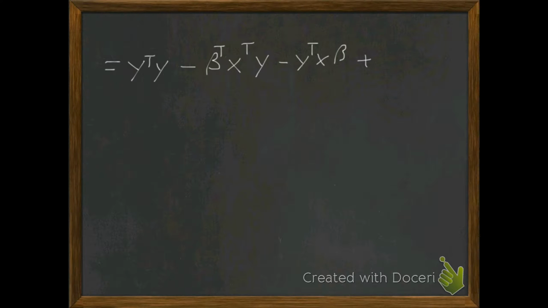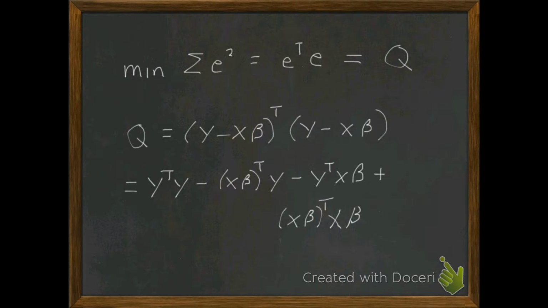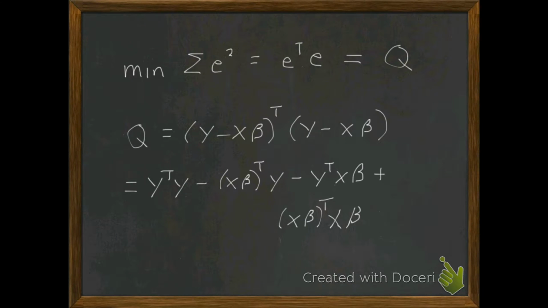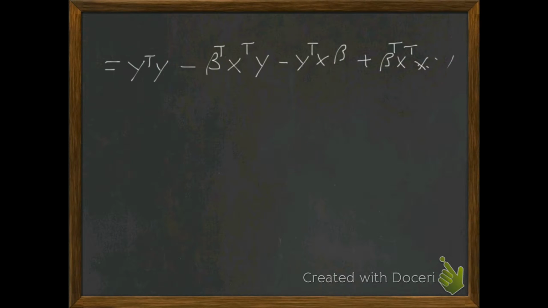And of course the last term we have beta transpose x transpose x beta. Well, I don't know why it won't let me write that x there, but it sure won't.